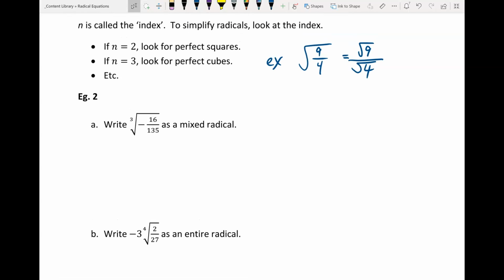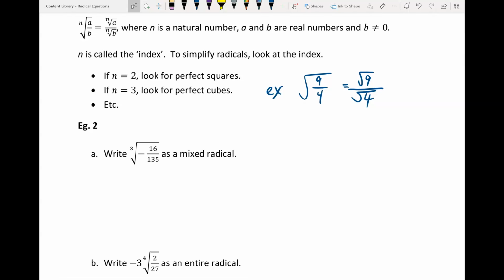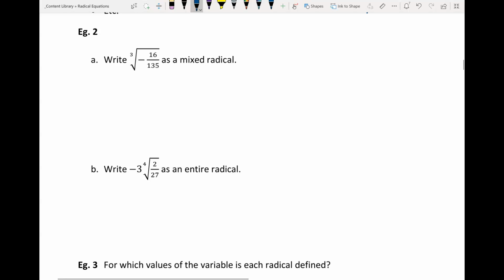So to simplify radicals, we should always look at the index. The index is the nth part of that root. So if n equals 2, then you want to look for perfect squares. If n equals 3, you want to look for perfect cubes, and so on. So we're going to rewrite the cube root of negative 16 over 135 as a mixed radical.